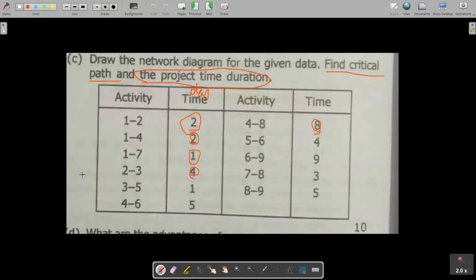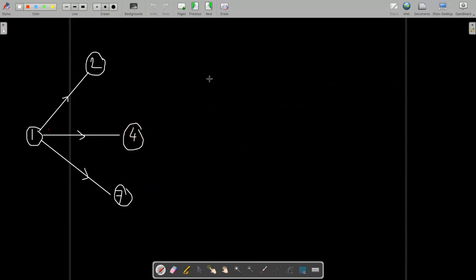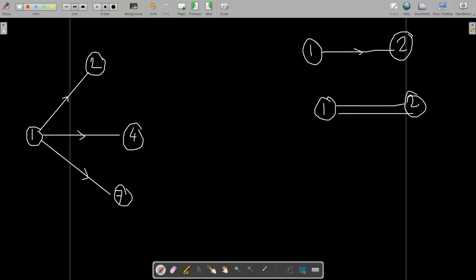Now go ahead to 2 to 3. One rule for a network diagram is that each activity has a unique initial source and destination. For example, if there are two activities A and B, they cannot be shown between the same two nodes. This is wrong. Yes, you can show it like 1 to 2, 2 to 3.